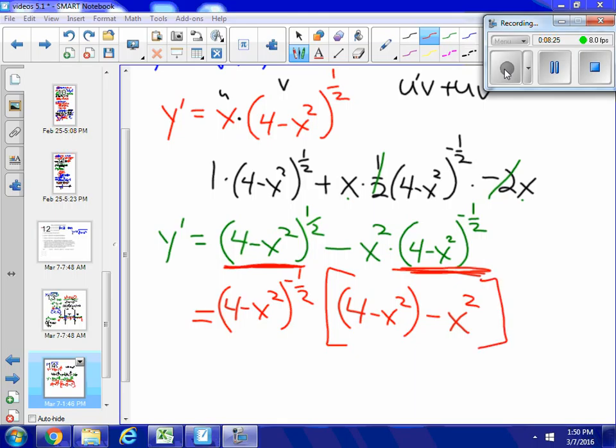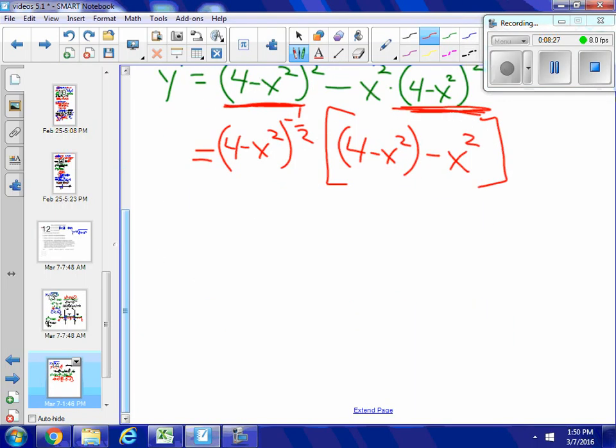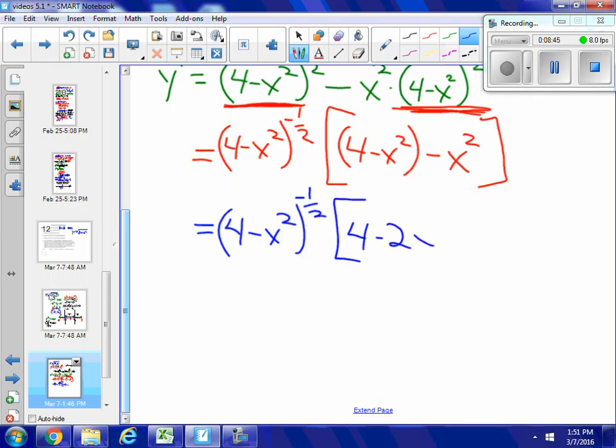Well, now I can simplify it even a little bit more, and I can say that this is equal to (4 minus x squared) to the -1/2, and I'll get rid of that negative exponent in a minute, times 4 minus 2x squared. Because I have 1x squared and I'm subtracting another one, that makes 2x squared.